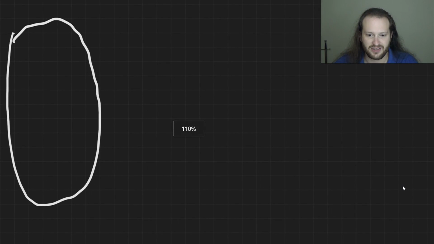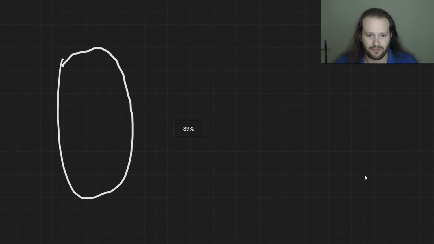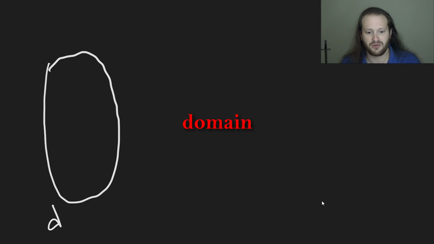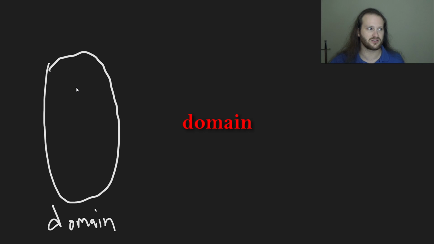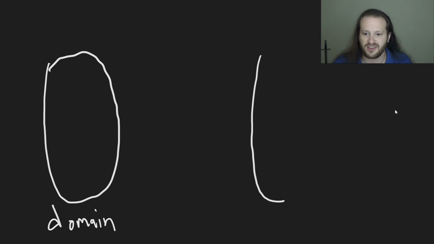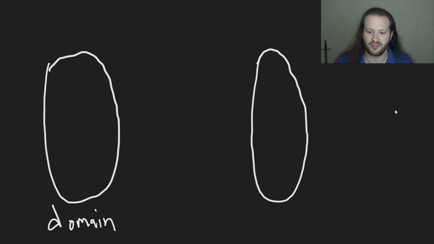So let's look at something a little bit more robust. Instead of the beginning set and the ending set, they have proper vocab names. The beginning set is called the domain. The domain is the set that has all of the elements that we're to learn more information about. The set of elements that have all of the answers to our mapping question.